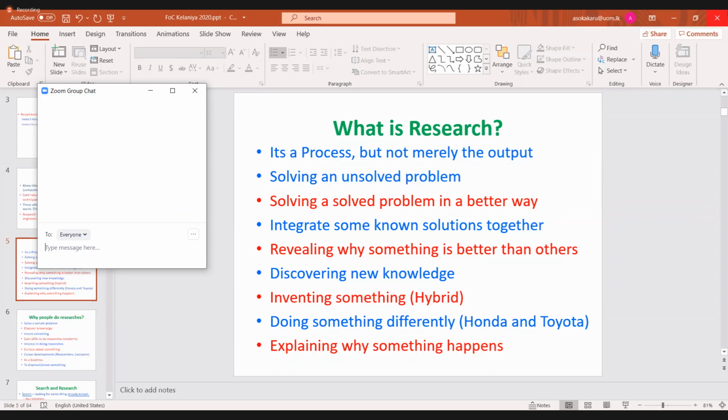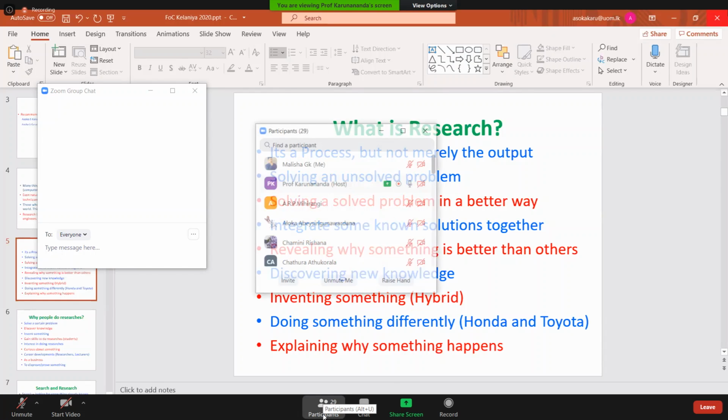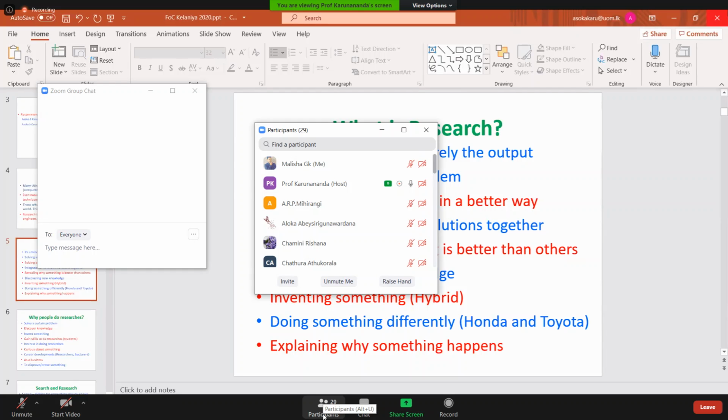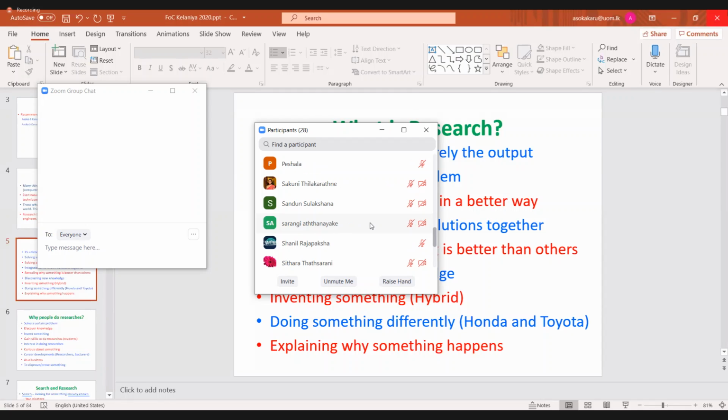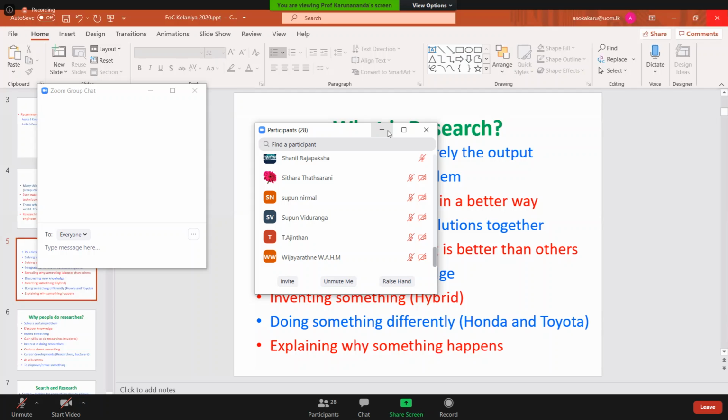Now you have come to university after A level. Before A level, you had O level. So we say that education is a process, because by doing O level, you cannot straight away come to university. No? Research is also like that.